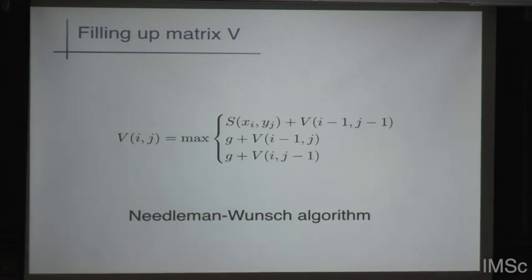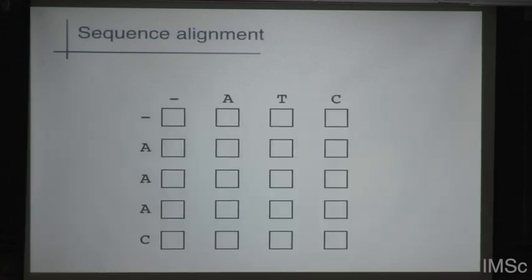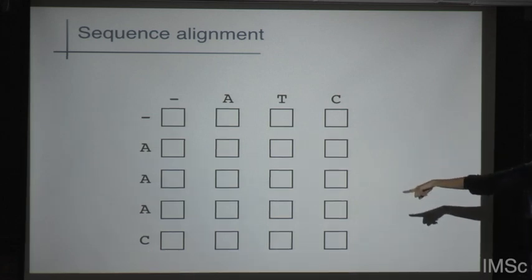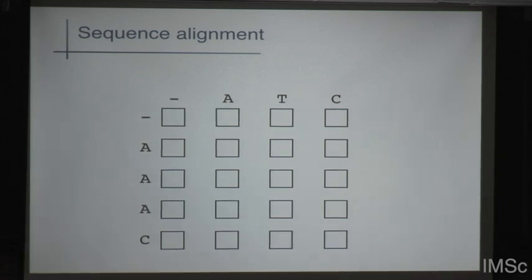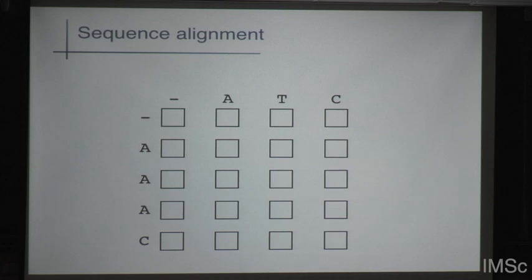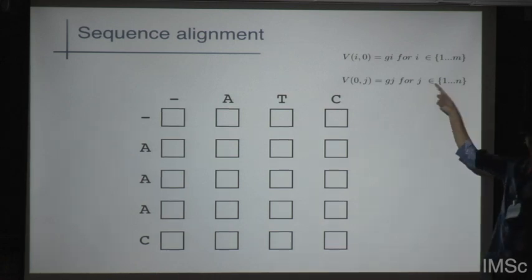So we had started off doing these two sequences. This is my X, AAAC, and my Y is ATC. So we have to fill up first the initial conditions. Which is this? Question anywhere?